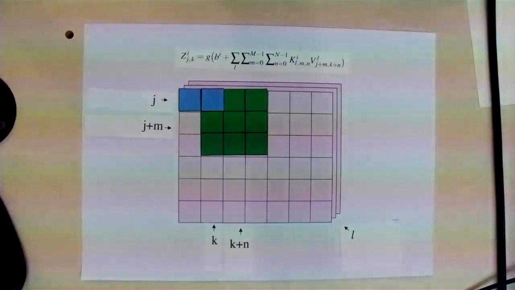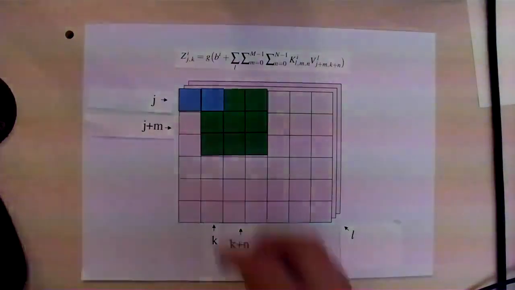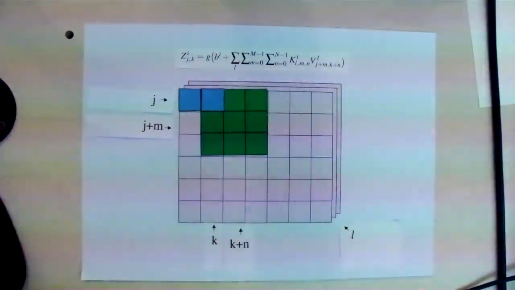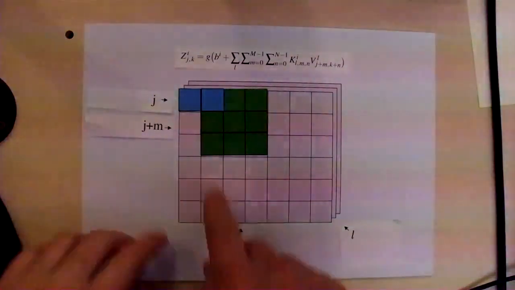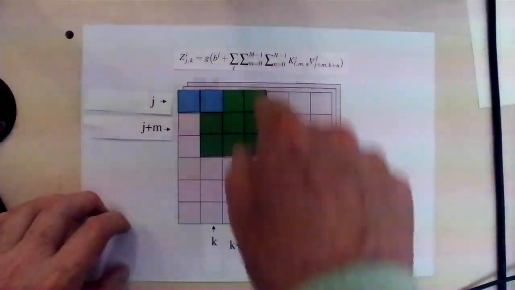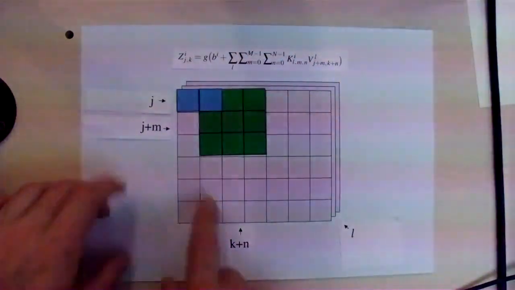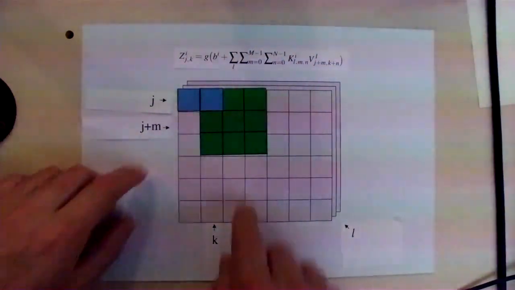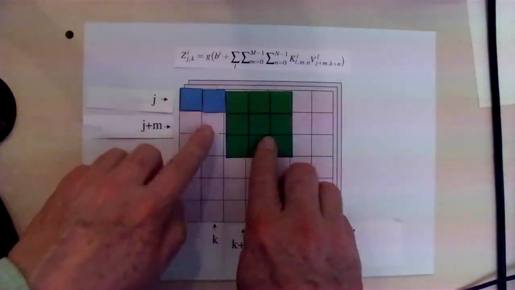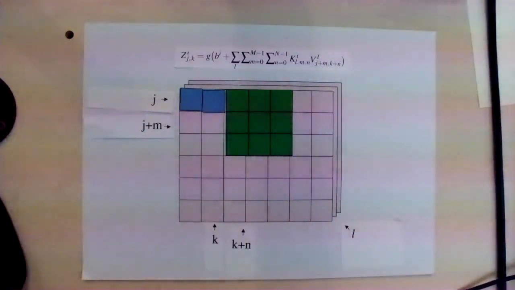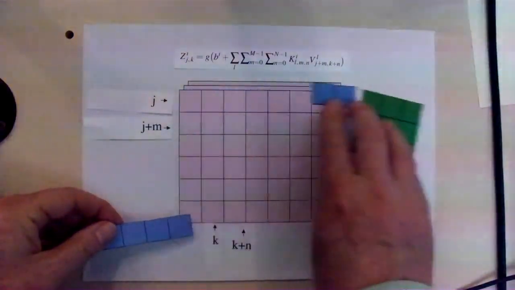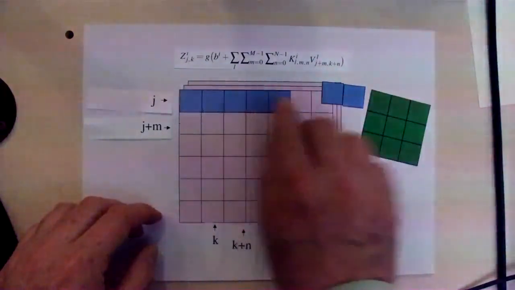So this is called weight sharing because the same weights are being used in every place. So I follow through these two sums with the M and the N to compute that hidden node, and then I move on to the next one. And I keep going like this for all the nodes in that top row.